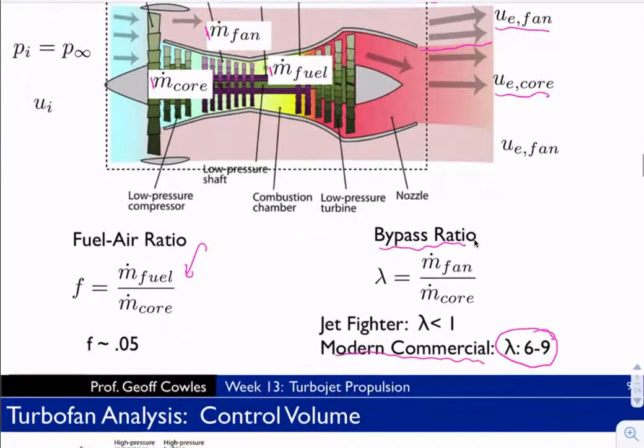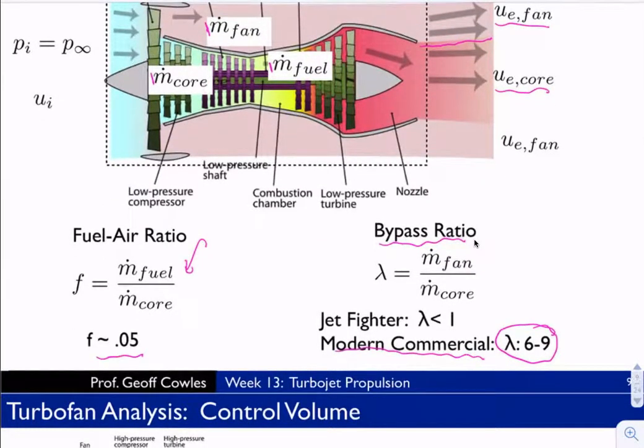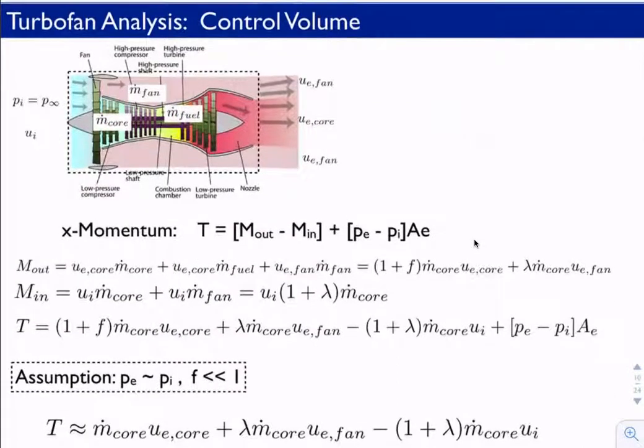And again, if we consider F around 0.05, then we can begin to do a similar control volume analysis, where here the momentum out has to consider the core flow, the core velocity, times the mass flux of the core, plus the mass flux of the fuel that was added to that core flow. So this is the same as before in the turbojet.